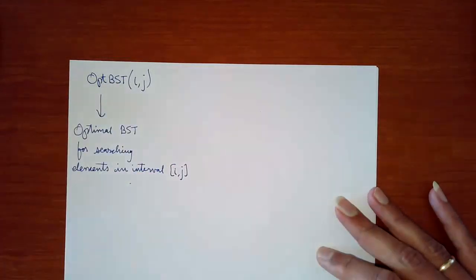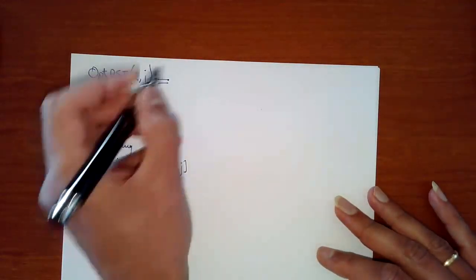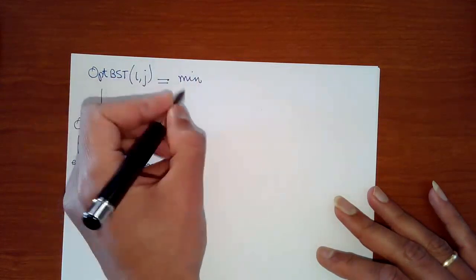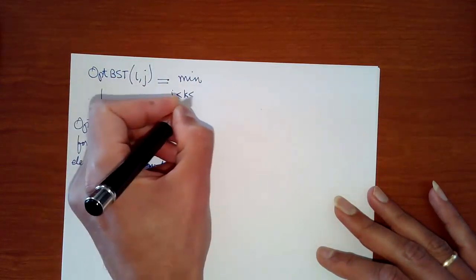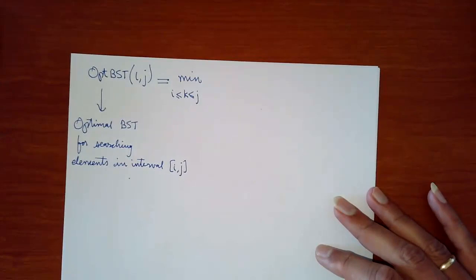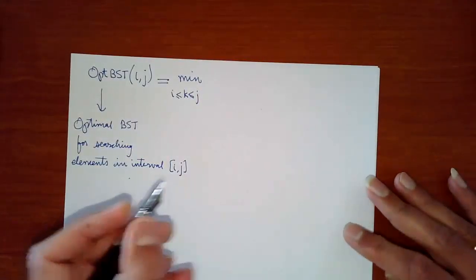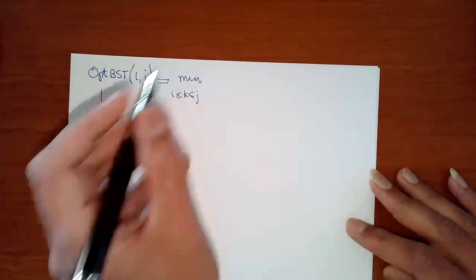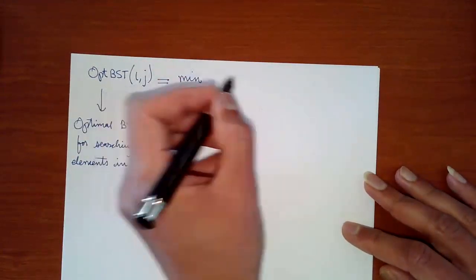So this is just solving everything between i and j. This is going to be the minimum over all k, i less than k less than j, of a long expression that I'm going to write.